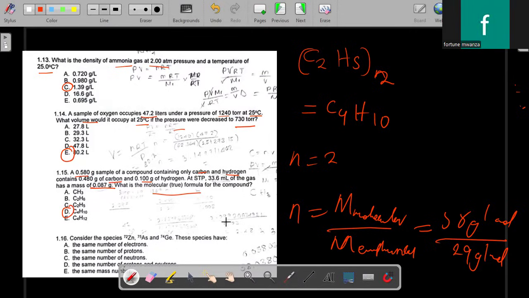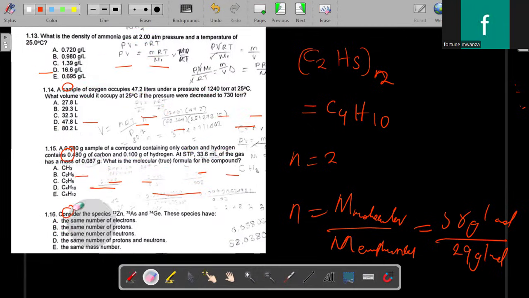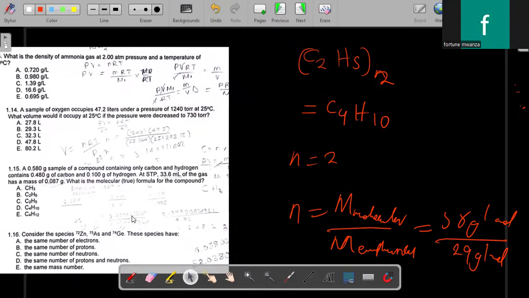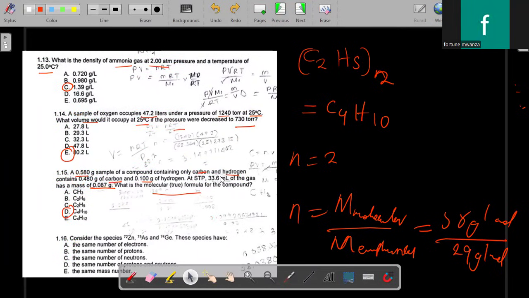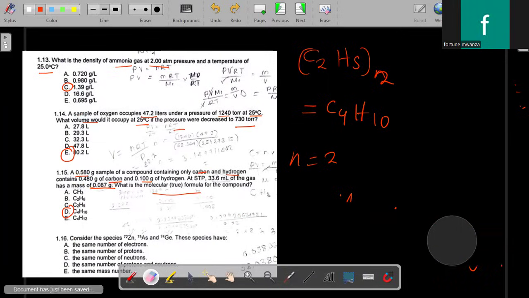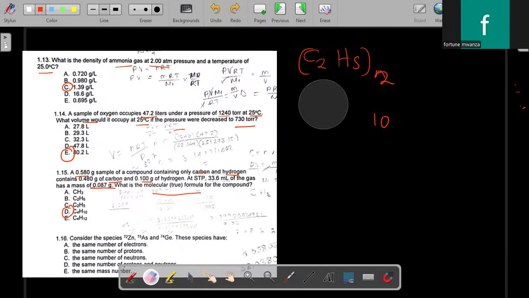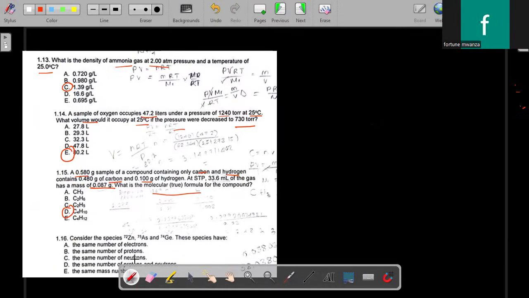So I can go to question number 16. Question number 16 is saying, consider the species: you have zinc with the mass number of 72, then you have As with the mass number of 75 and Ge with the mass number of 74.